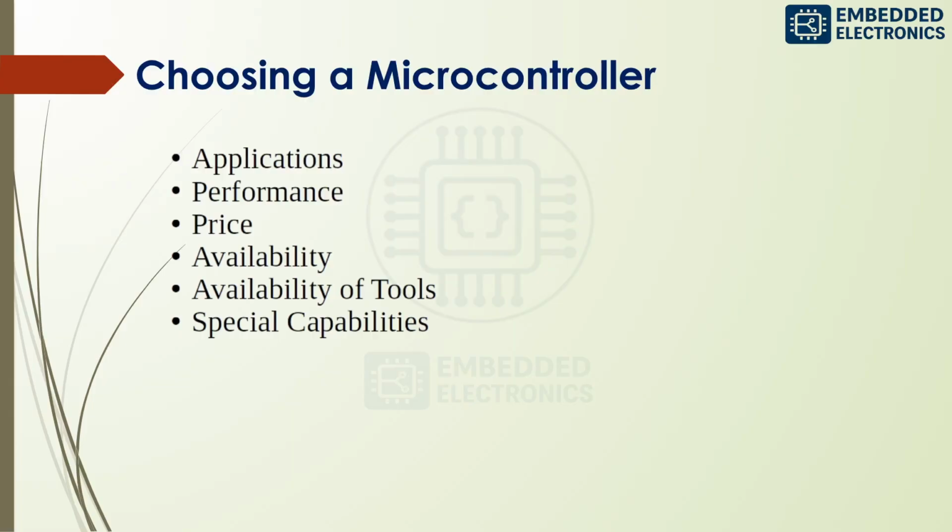Price is not just the chip. It includes all supporting components, PCB, tools and development time. In mass production, even a 10 rupee difference per unit means lakhs saved across thousands of units, isn't it? So the price is also an important concept while choosing a microcontroller.